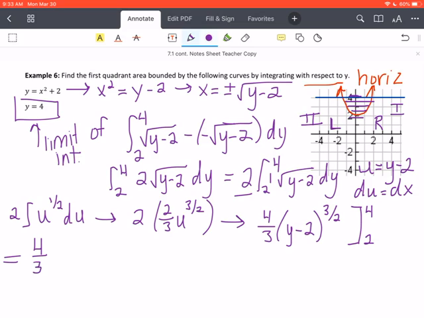We see 4/3, and then if I input my 4, 4 minus 2 is 2, so I'm looking at 2 to the 3/2, and then minus 4/3 times, but then what do I get? 2 minus 2 is 0, so that goes away, which is nice. And then I know that 2 to the 3rd is 8, but then over 2 means really take the square root.